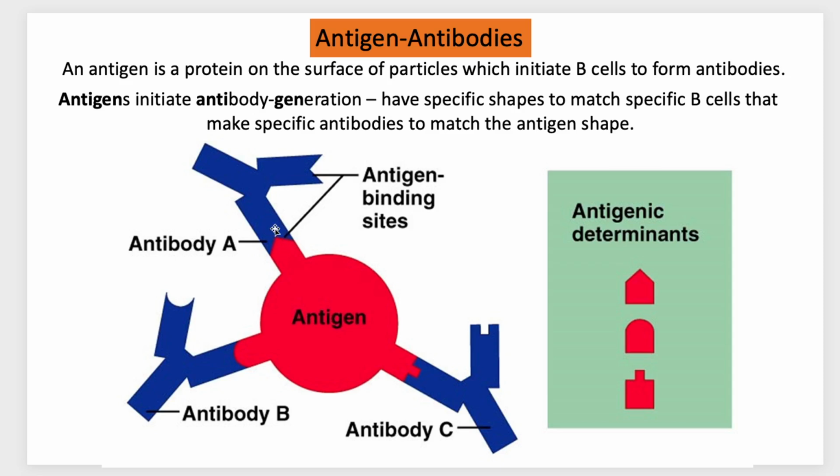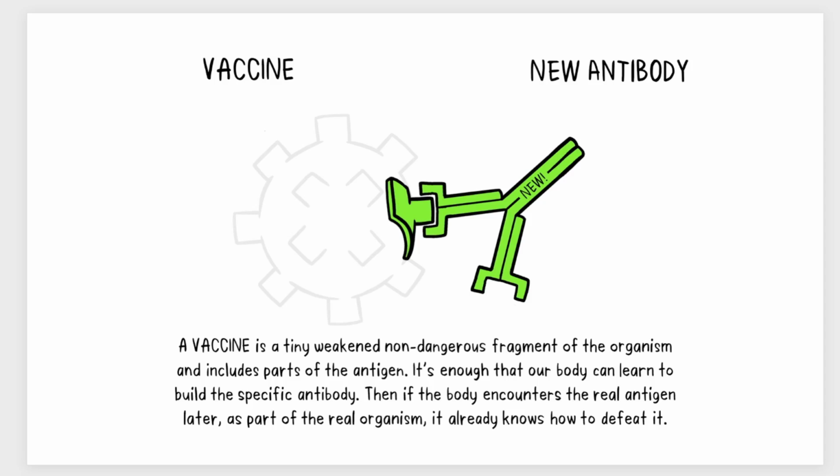So it has to be able to complement the physical shape of the antigen. We can produce millions of different antibodies, and the specific shape of the antigen binding site has to correlate to the antigen, or it cannot interact with it. And it has to stick to it so that we can target it for destruction.